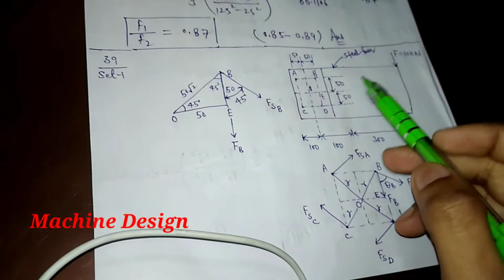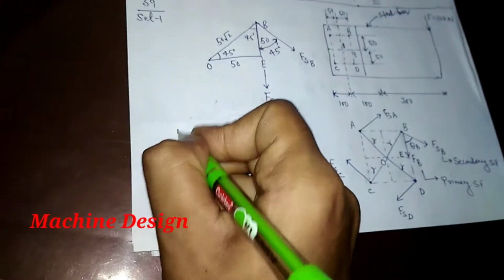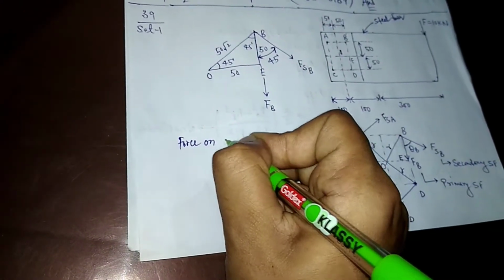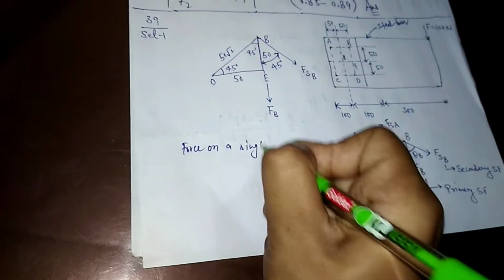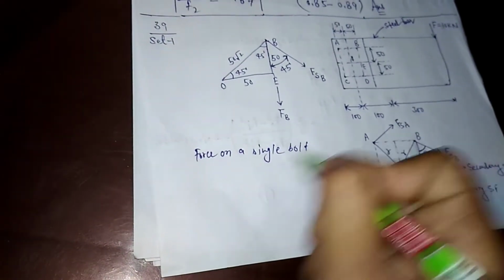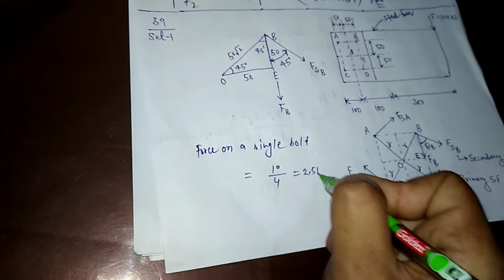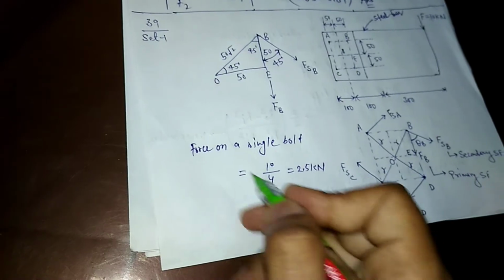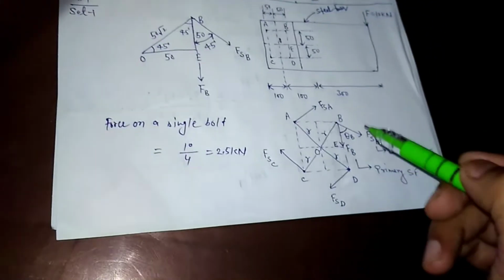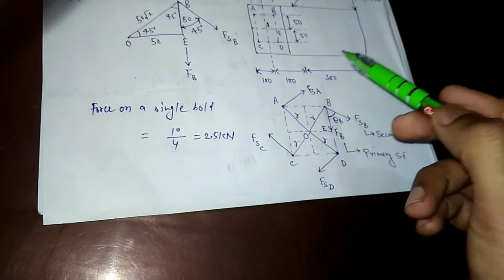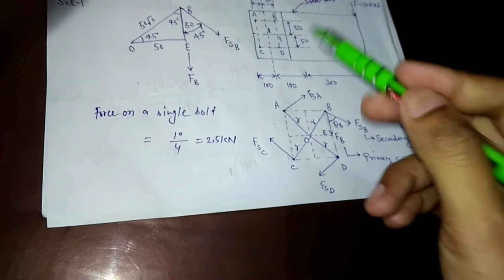If we talk of force on a single bolt, it will be equal to 10 by 4, which is equal to 2.5 kilonewton, and this force is called the primary force, and this force will also be applying on other bolts.